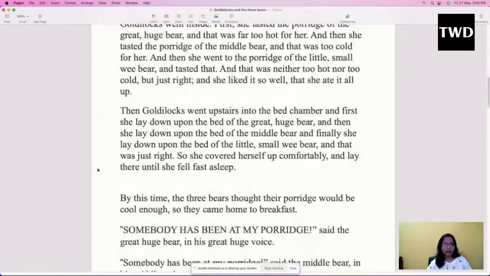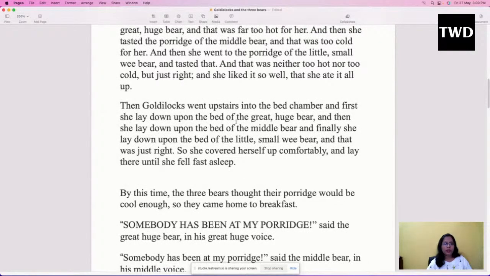Then Goldilocks went upstairs into the bedchamber, and first she lay down upon the bed of the great huge bear, and then she lay down upon the bed of the middle bear, and finally she lay down upon the bed of the little small wee bear, and that was just right.